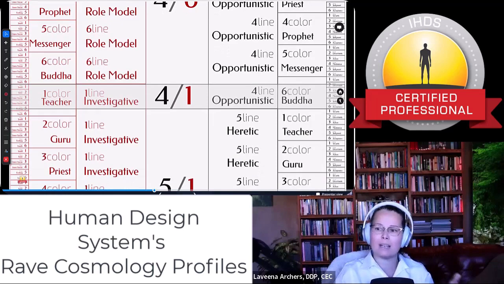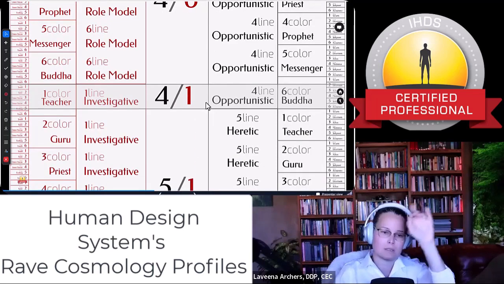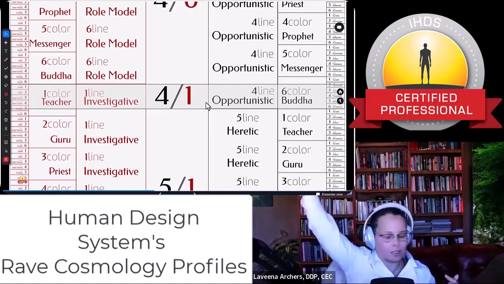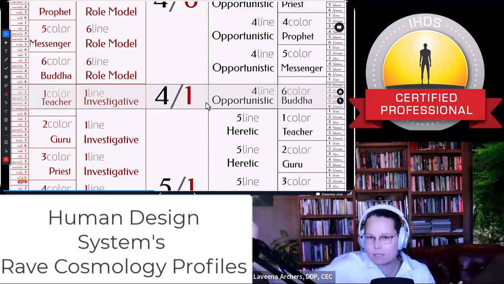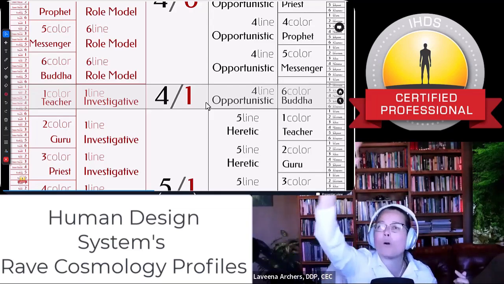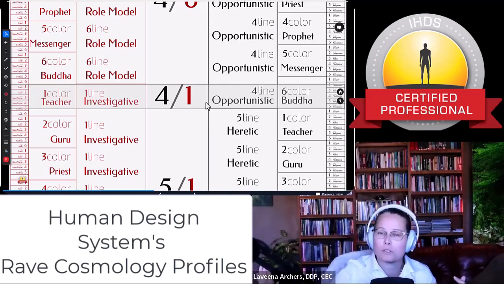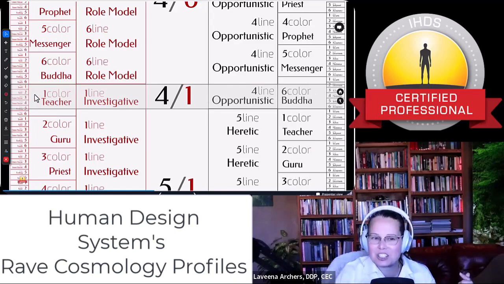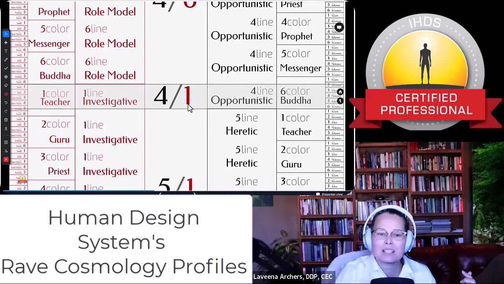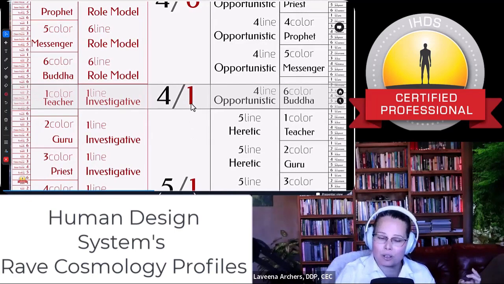When we look at a transitional profile, here's the 4-1, further up the evolutionary spiral. Not good, not bad, not right, not wrong. It's always an evolutionary spiral, so there is no better than in any role or profile. What you're looking at again is we have a 6-color Buddha and a 1st-color teacher. And you'll notice that that pattern continues on with all of them.